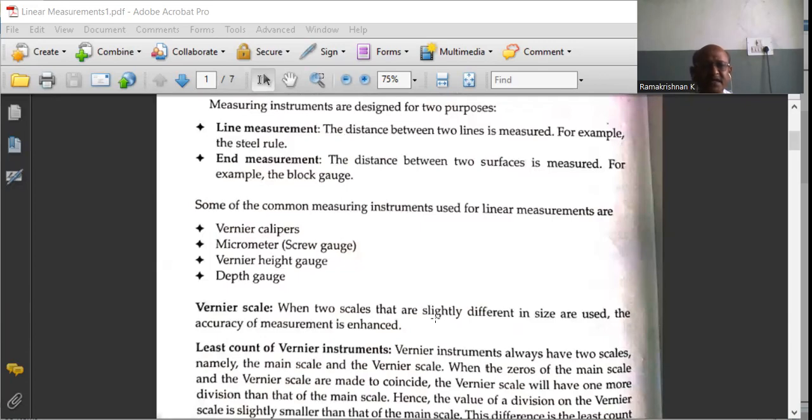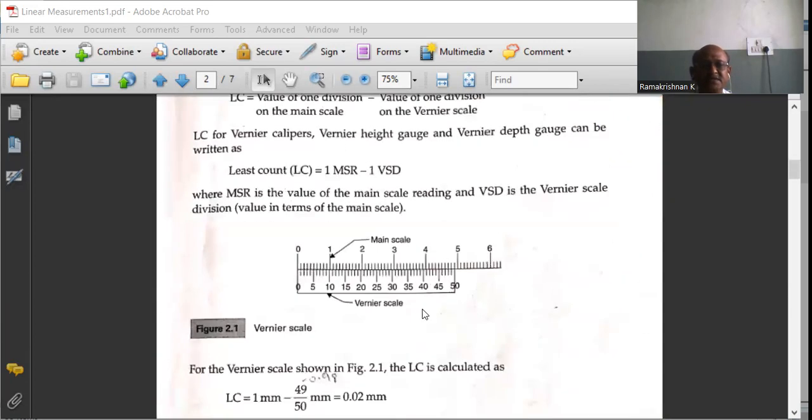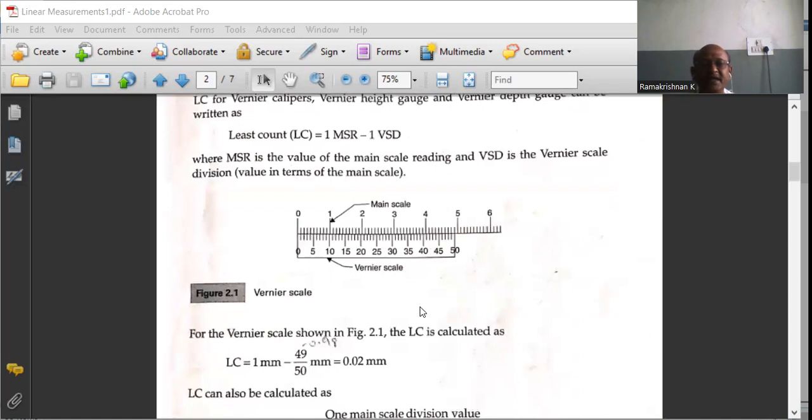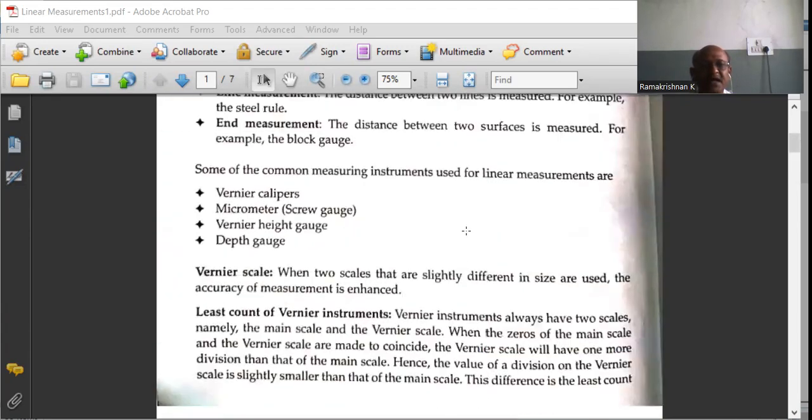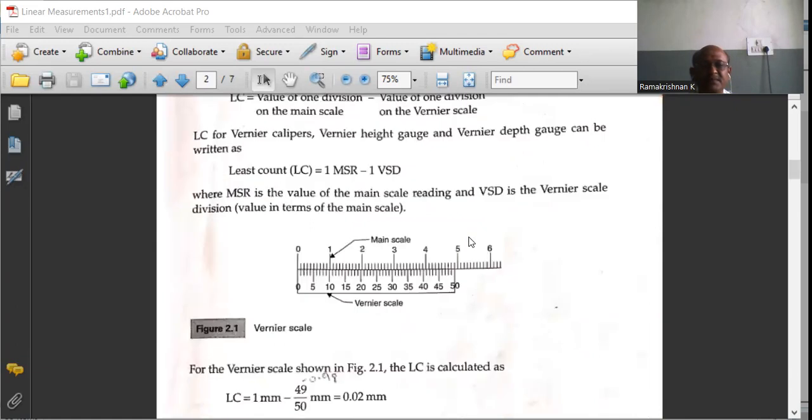In the Vernier caliper, as you see in the diagram, it mainly consists of a main scale and a Vernier scale. The main scale division is 1 mm, and at the bottom is the Vernier scale. In the Vernier scale there are 50 divisions, but the length of the 50 divisions is only 49 mm.